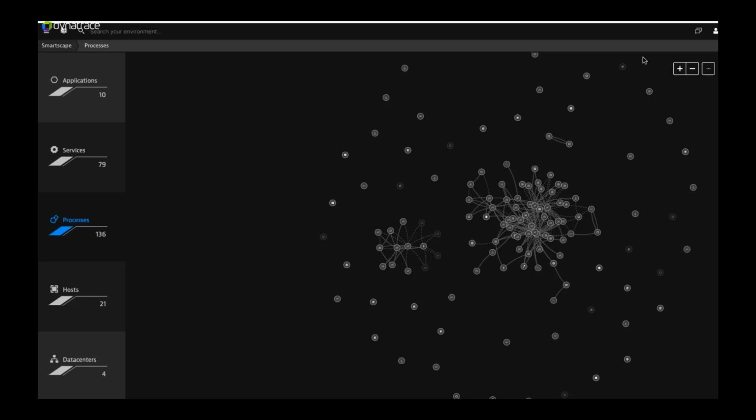Now, when you look at these dynamic environments, of course, the biggest challenge for performance management is there are so many moving parts. There are so many nodes that it becomes humanly impossible to decipher the data and find out the root cause.